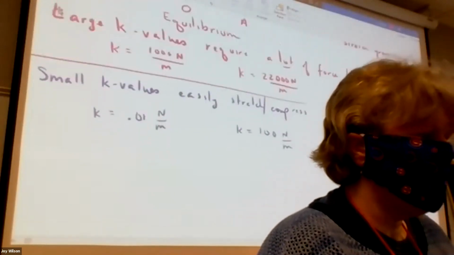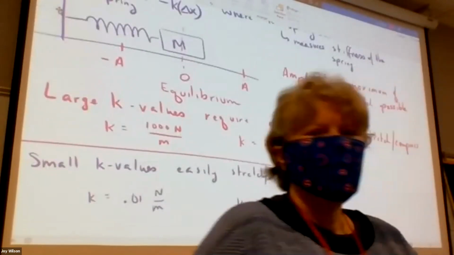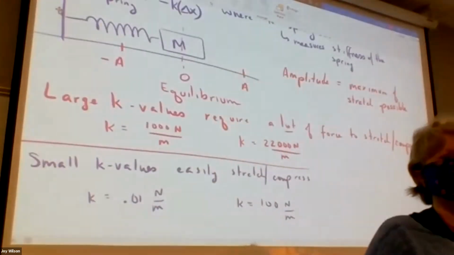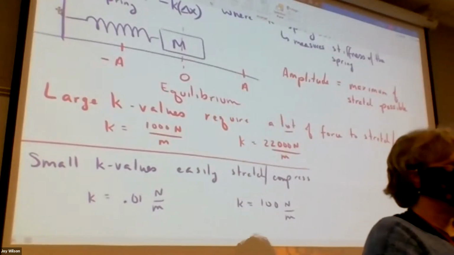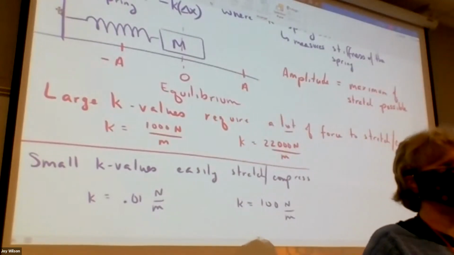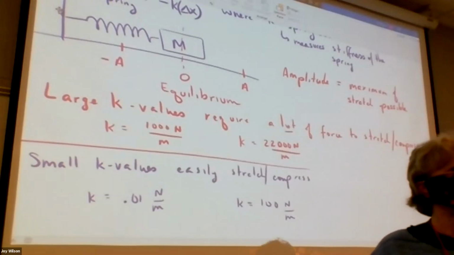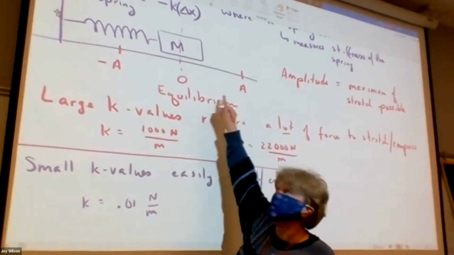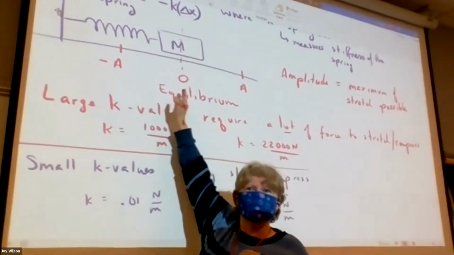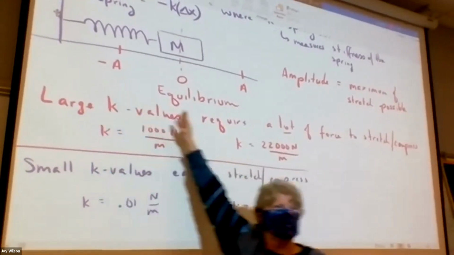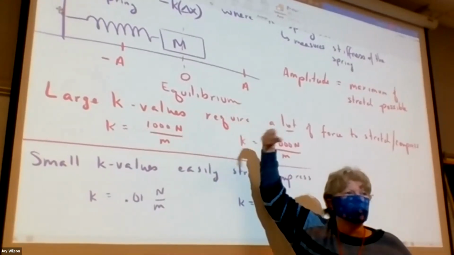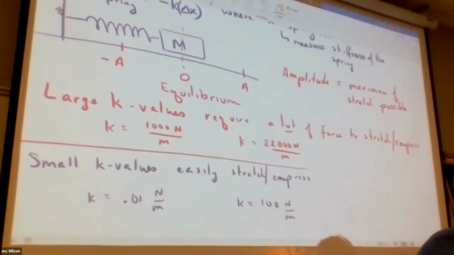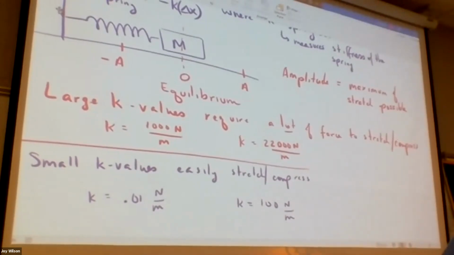So what are we going to deal with on these guys? Where would the most potential energy be in a horizontal spring? Either at A or negative A. Completely compressed or completely stretched. That would be where you have the maximum potential energy. The energy is stored in the spring.